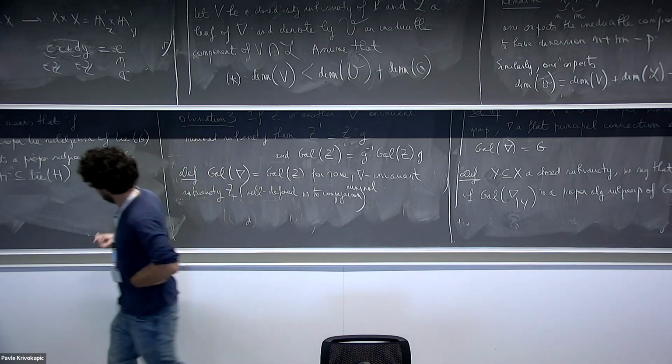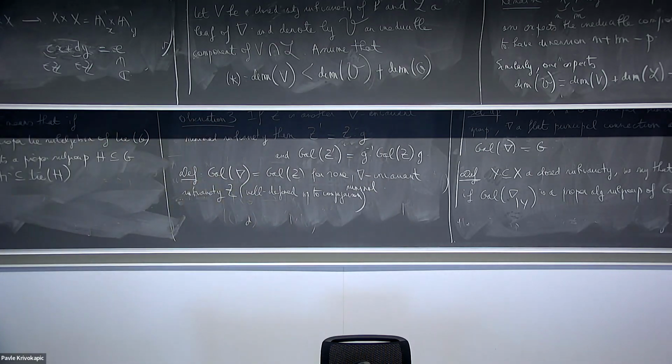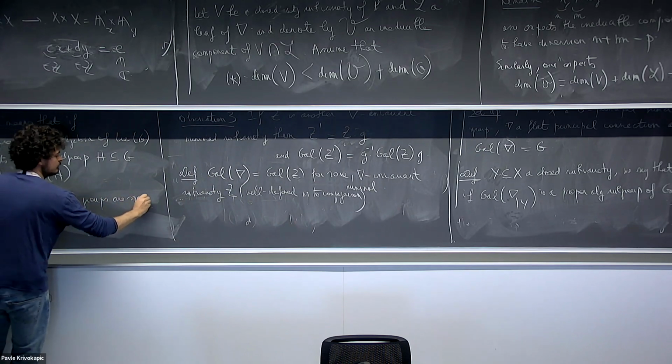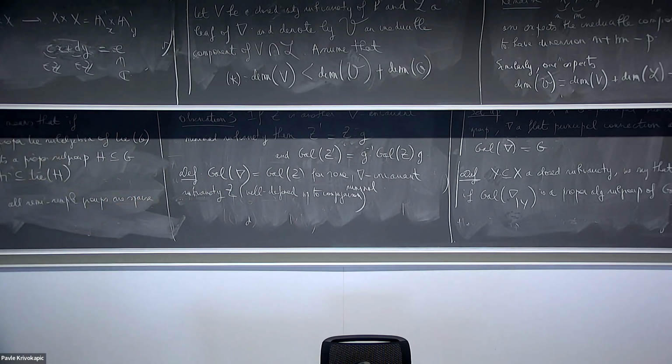Okay, and so they say, I don't know exactly why, but they say that all semi-simple groups are sparse. And we will use it only for PSL2 of C to the power r.